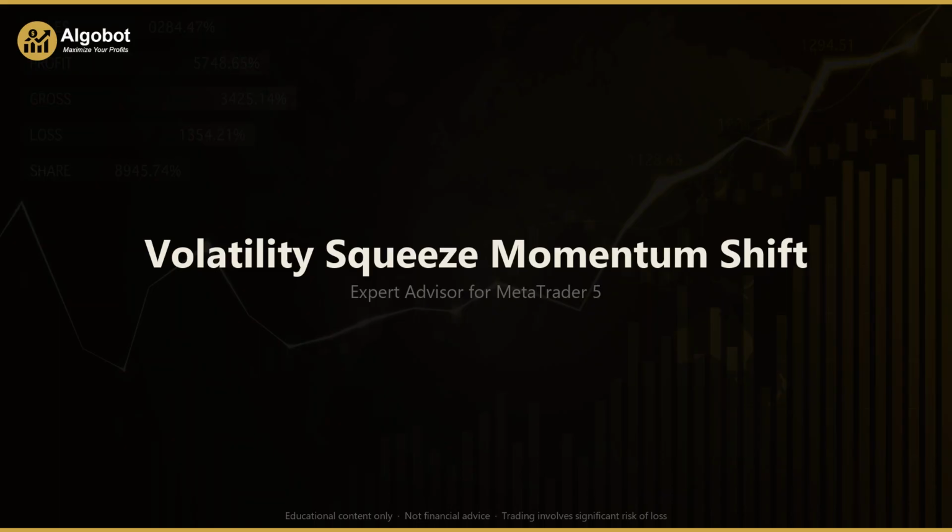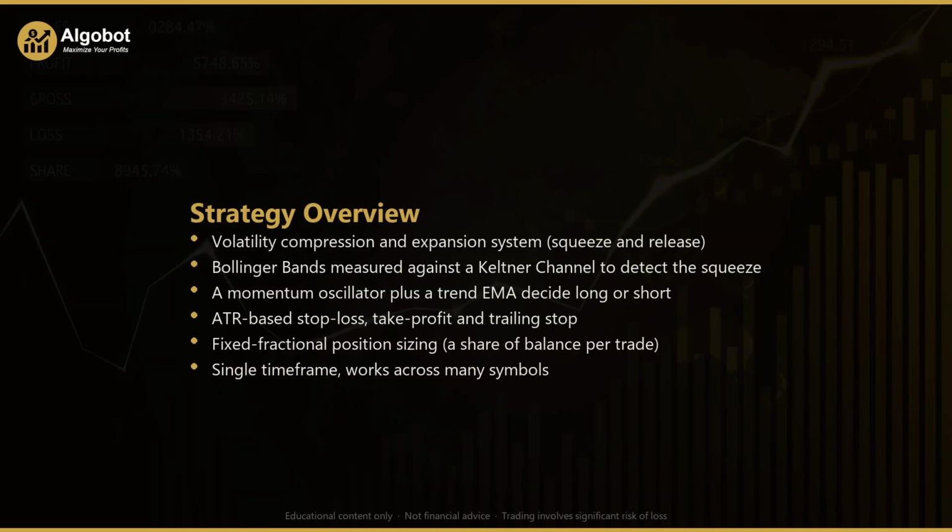Let's get started. So what exactly does this expert advisor do? At its heart, Volatility Squeeze Momentum Shift is a volatility compression and expansion system. It watches for moments when a market goes quiet and its trading range tightens, a condition many traders call a squeeze. The idea is that quiet, coiled markets tend to store energy, and when that energy is released, price can expand in one direction.